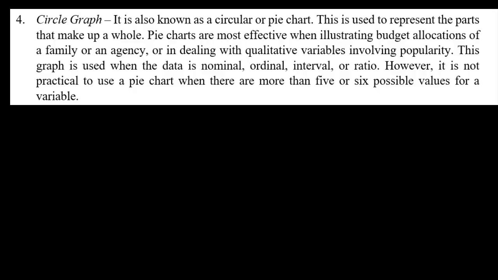Pie charts are most effective when illustrating budget allocations of a family or an agency, or in dealing with qualitative variables involving popularity. This graph is used when the data is nominal, ordinal, interval, or ratio. However, it is not practical to use a pie chart when there are more than 5 or 6 possible values for a variable.